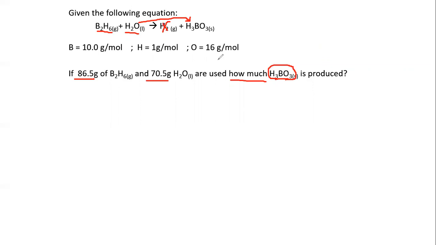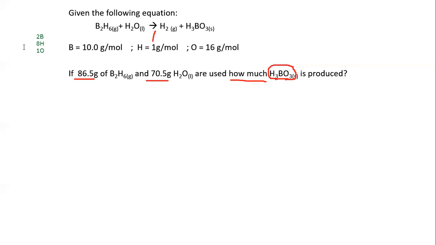And before we do that, we have to make sure that the equation is balanced. That's step number 1, make sure we have a balanced equation. And so when we look at this, we notice that we have 2 boron, 8 hydrogen, and 1 oxygen.